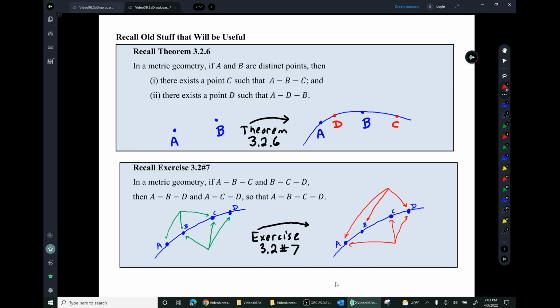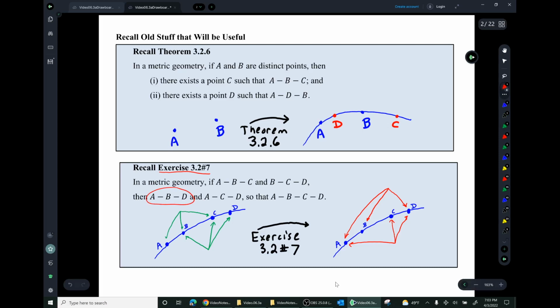Another result we'll use from section 3.2 is something that was proven in a homework exercise. It says that if you have 4 points, A, B, C, and D, that have these two betweenness relationships, B is between A and C, and C is between B and D, illustrated in this drawing, then those 4 points will also have these betweenness relationships.